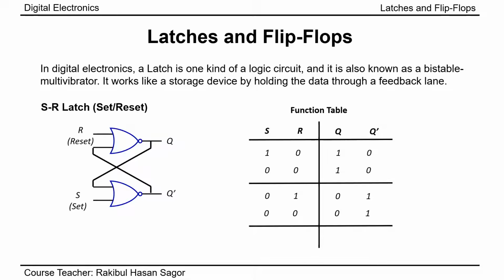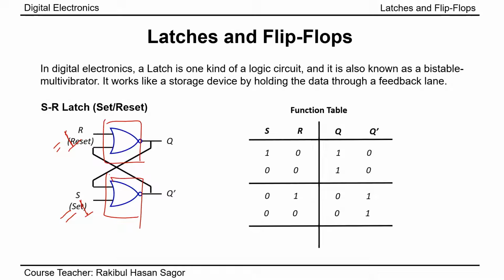Next, let's see what happens if we provide s equal to 1 and r equal to 1. Till now, we have seen all the possible combinations except s equal to 1 and r equal to 1. If we give s equal to 1 and r equal to 1, that means one of the inputs of the NOR gates is 1.